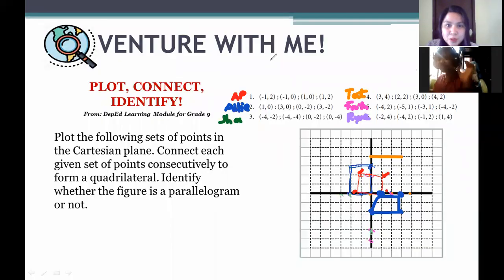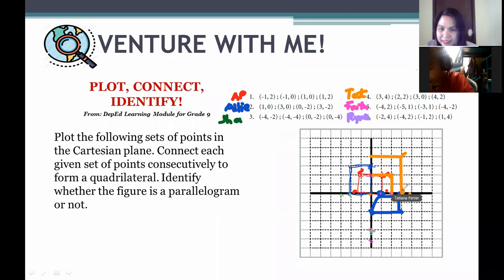Now, let me go to Tatiana. There, Tatiana is starting to draw hers. So 3, 4. This one, correct. 2, 2. This is 2. Next, 3, 0. So this is the other one.